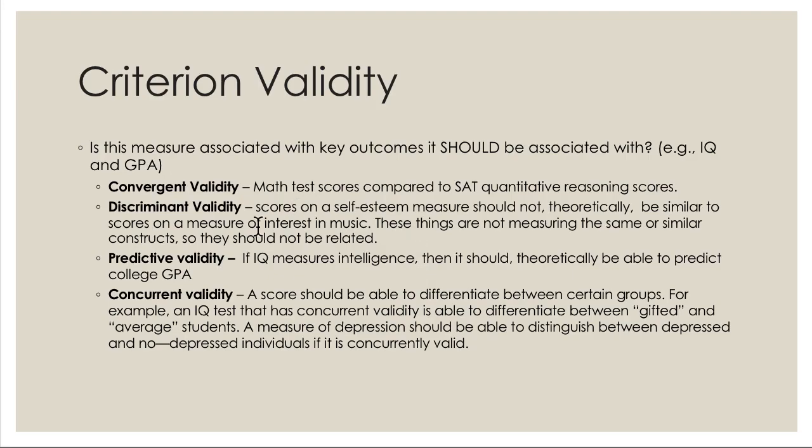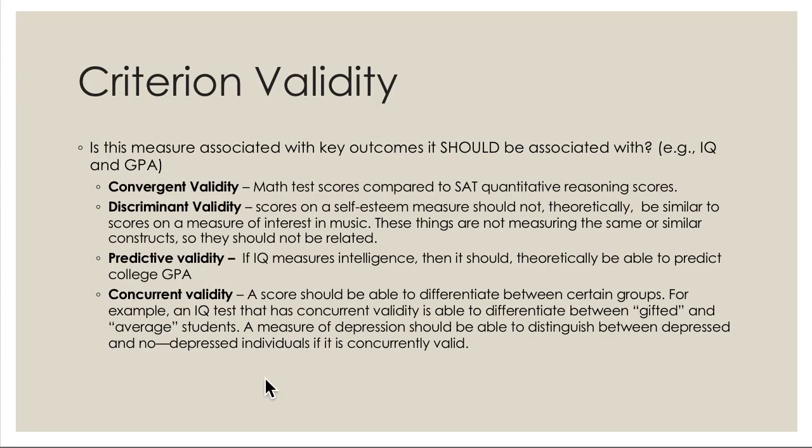Basically, these things are not measuring the same or similar constructs, so they should not be related. And then predictive validity: if IQ measures intelligence, then it should theoretically be able to predict college GPA. So if this score can predict something that it should be able to predict, then it has predictive validity. And finally, concurrent validity.